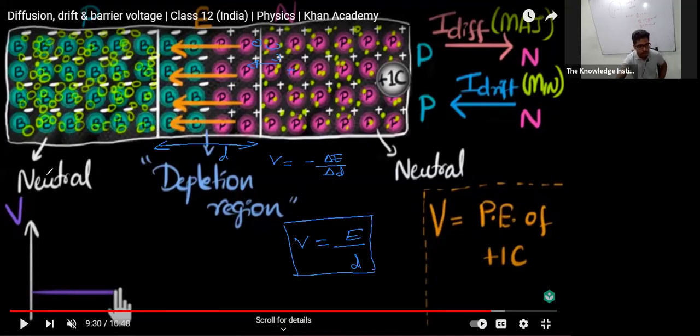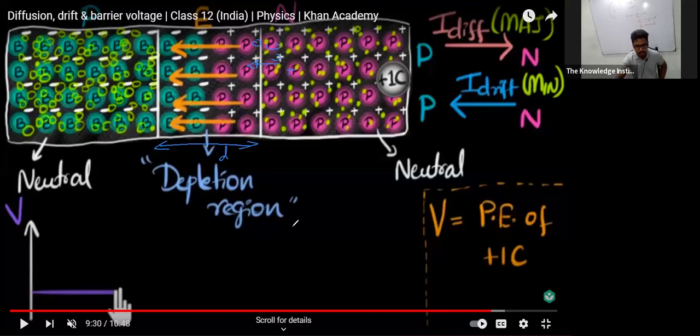It has to be E equals V over D. Electric field equals V over D, because it is the potential gradient, not the electric gradient. So in the actual definition, E equals minus delta V over delta D.